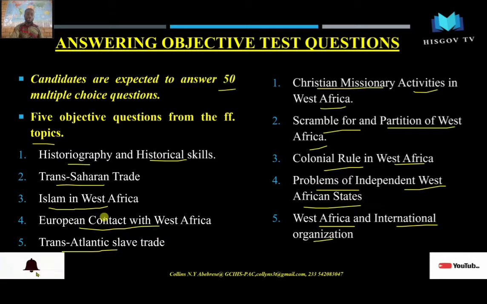So basically, these 10 topics are purely objective topics. And whether you like it or not, you are going to answer 5 objective questions on each of these topics. So I will entreat you to solve past questions around all these topics. And I bet you are on your way to success.